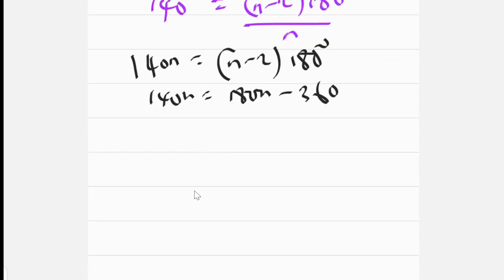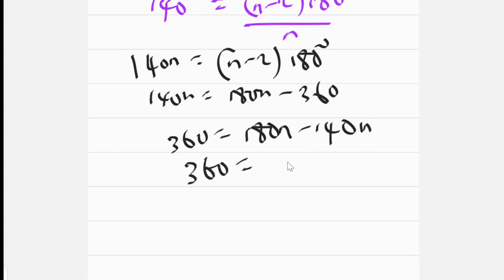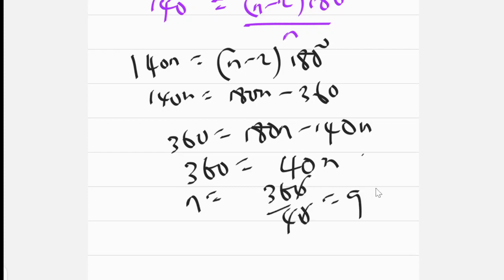Then I have that 360 is equal to 180n minus 140n. So 360 is equal to 40n. Then if you divide both sides by 40, I have 360 over 40, which is equal to 9. And n is equal to 9.